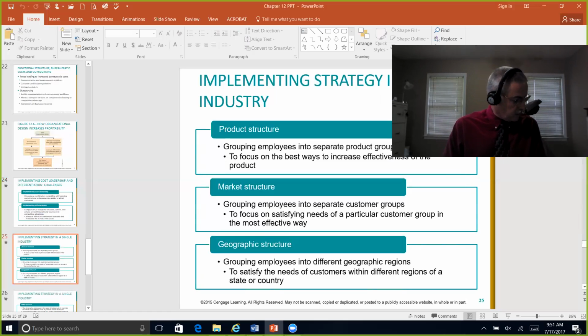And you see that in figure 12.8 on page 424 and in figure 12.9 on page 425.